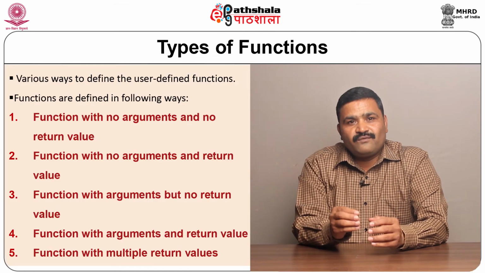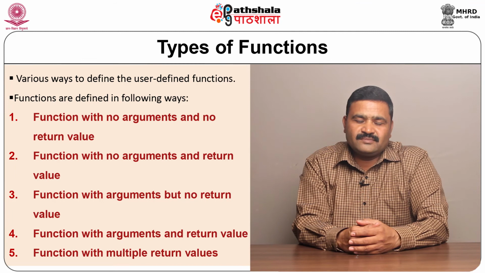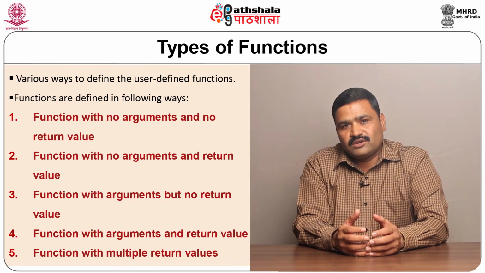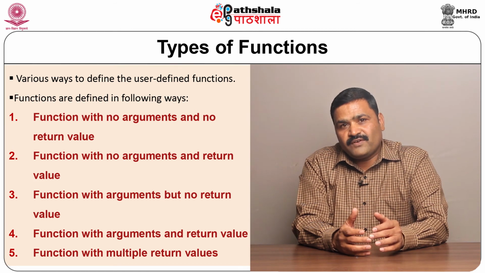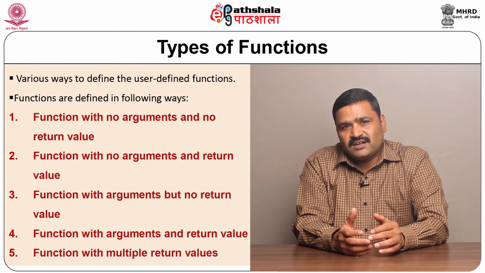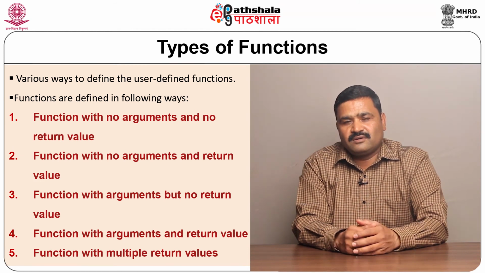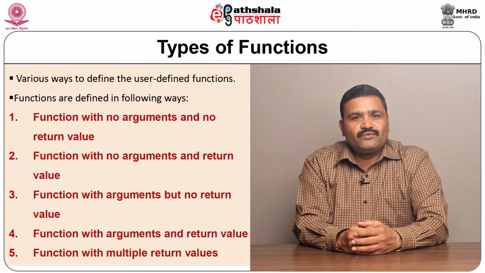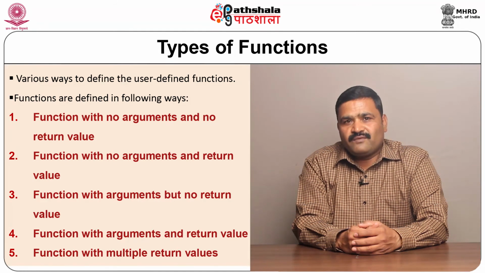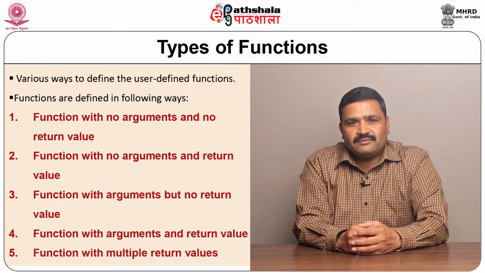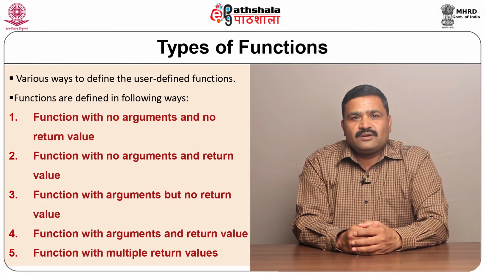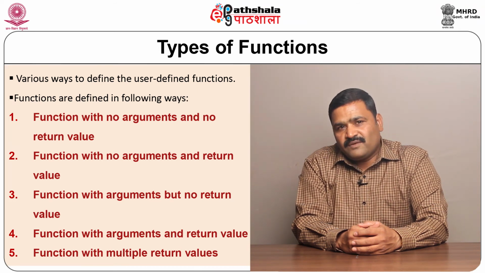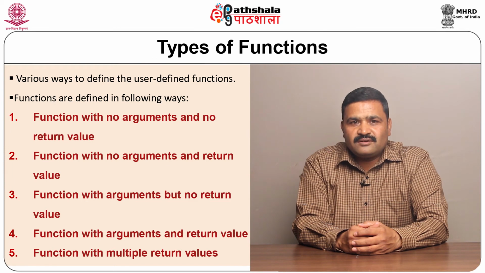You know there are 5 different types of functions. Calling function with argument or without argument, called function with return value or without return value. It means: first, calling function with no argument, called function no return value. Second type, calling function with argument, called function no return value.